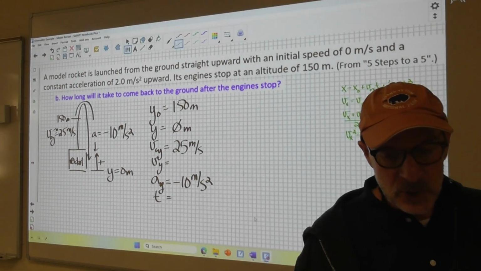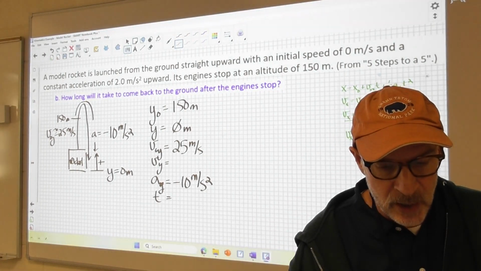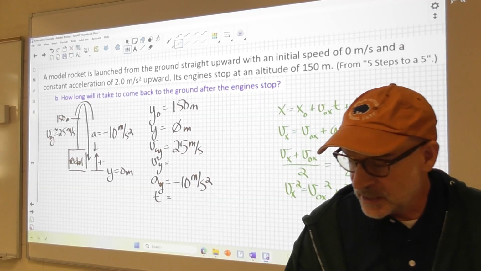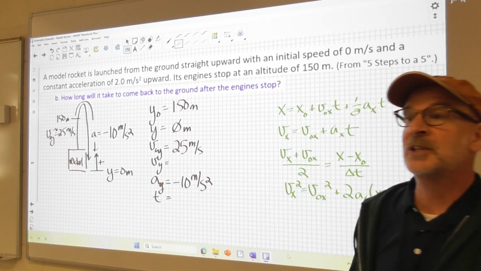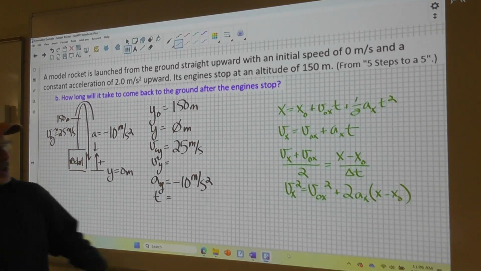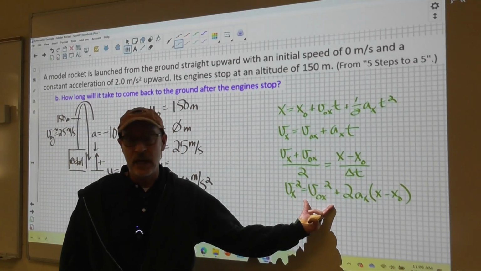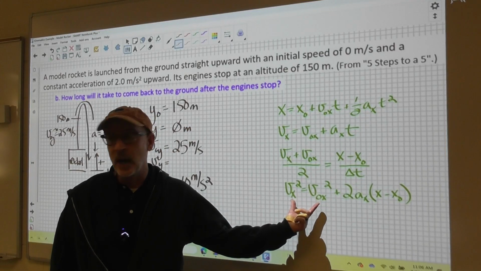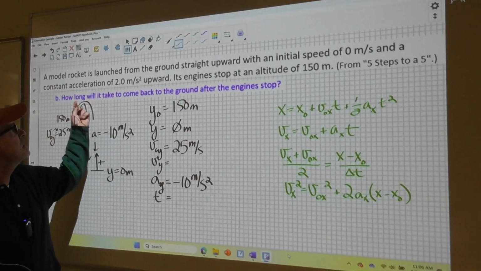All right, so let's look at our equations, and we can rule out, let's go in the opposite direction just to heighten the sense of suspense. If we start here, then we could find something, but what we're looking for is time.